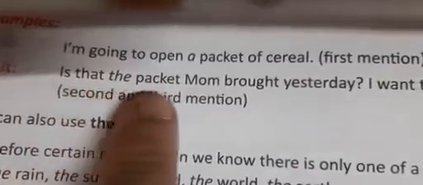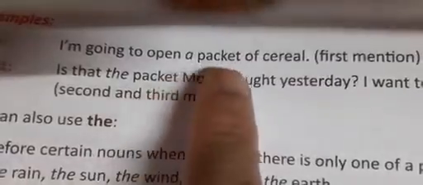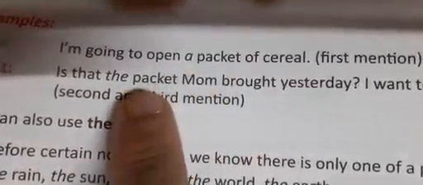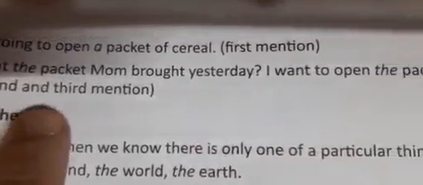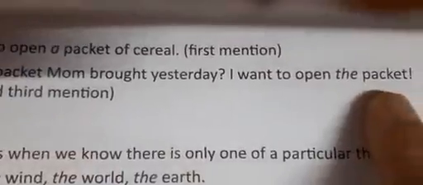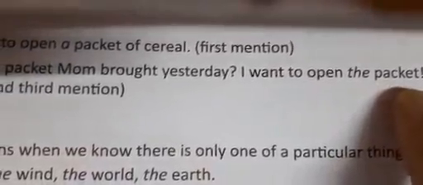First mention. Ami: Is that the packet Mom bought yesterday? The packet, because the word packet is used a second time. I want to open the packet, second and third mention. The packet. The word packet is coming a third time in the sentences, so we are using the.